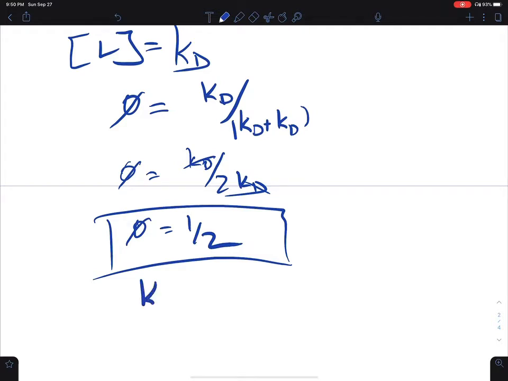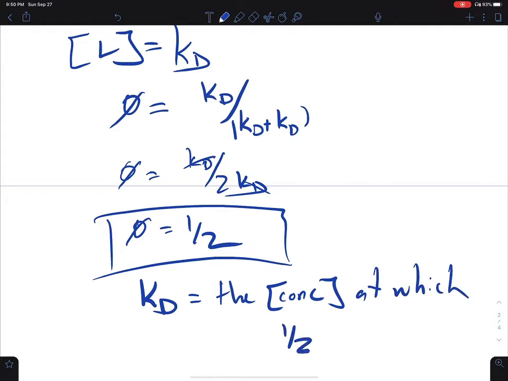And so we can define the Kd as equal to the concentration at which you have 1/2 protein bound.